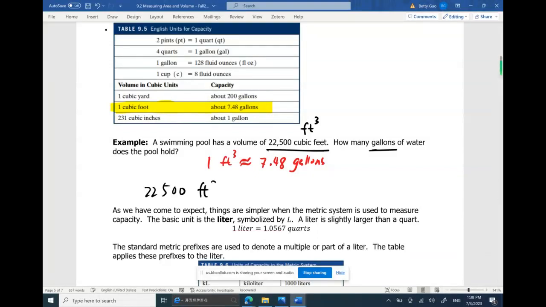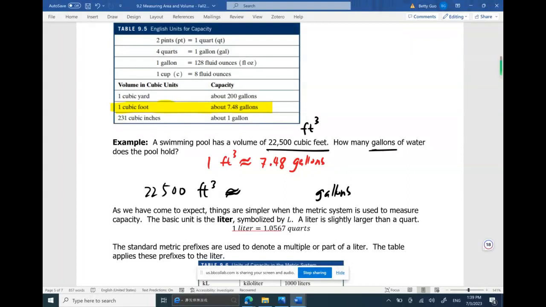22,500 cubic feet is going to be approximately equal to the number of gallons. So we multiply 22,500 by 7.48.